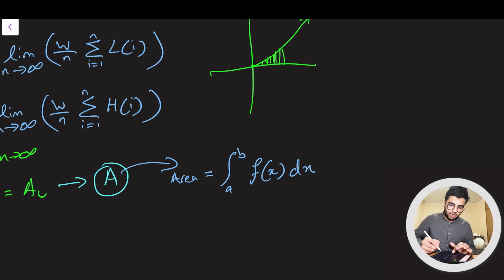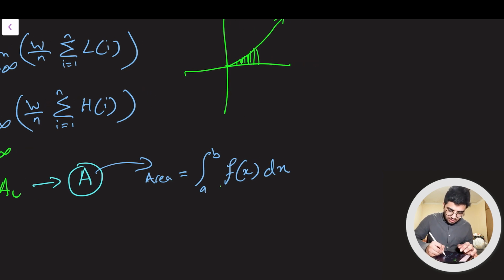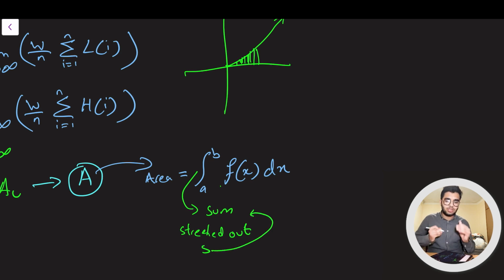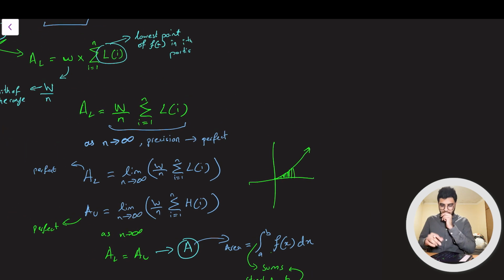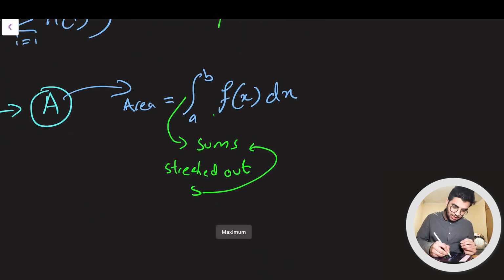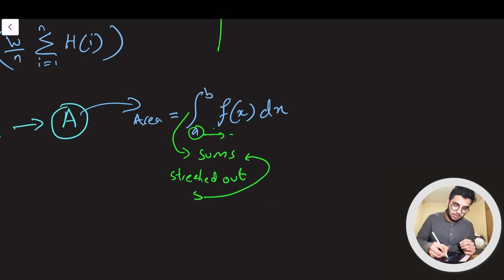Calm down. So this means sum. It's just a stretched out S, and the S stands for sums. So it's just a lot of sums. That's what we were doing. We just added a lot of rectangles. So the sum makes sense. A is the start of range and B is the end of range.